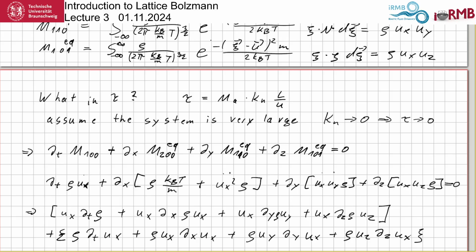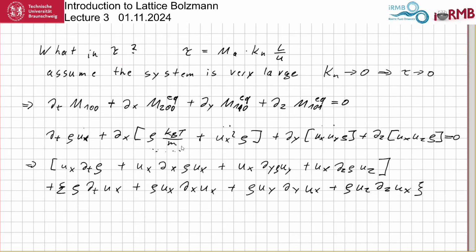What I'm now going to do is I'm still missing this part where no ux was in it, and I'm going to put this on the other side of the equation, where we previously had a 0. So I write that this is equal to minus dx rho Boltzmann constant by mass times temperature.